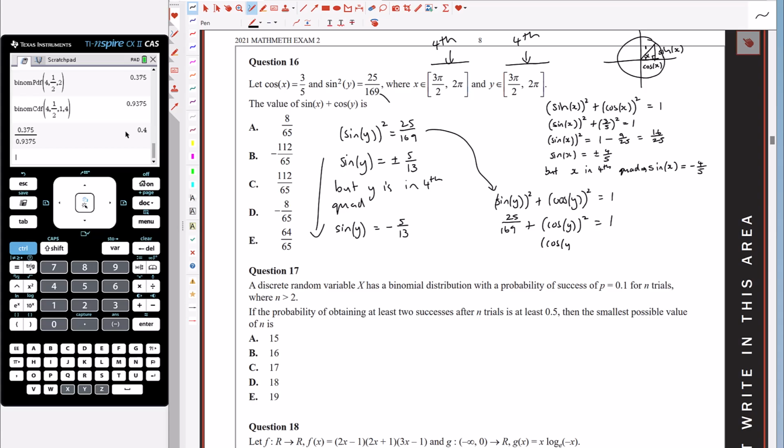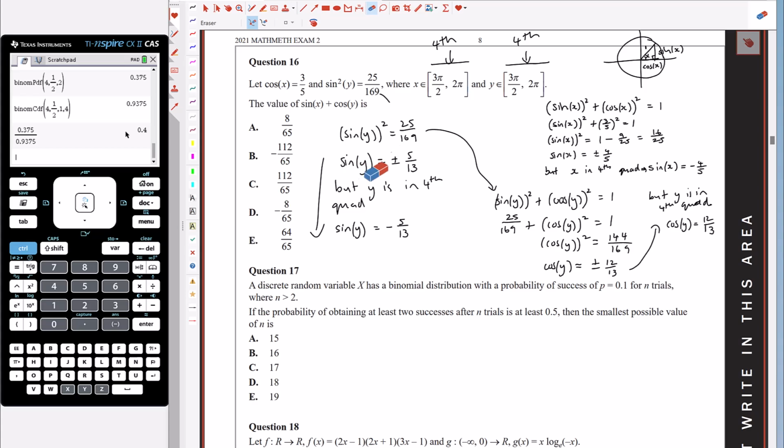So cos of y squared is 1 minus 25 on 169, which gives me 144 on 169. And so cos of y is going to be the square root of that, plus or minus 12 on 13. But y is in the fourth quadrant and cos is positive in the fourth quadrant, and so cos of y is going to be positive 12 on 13.